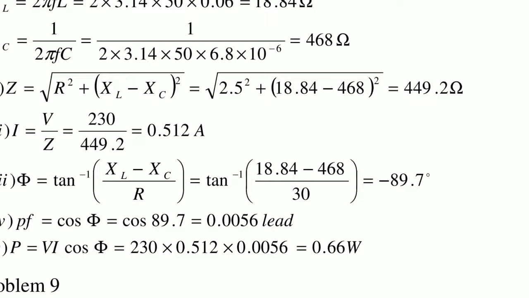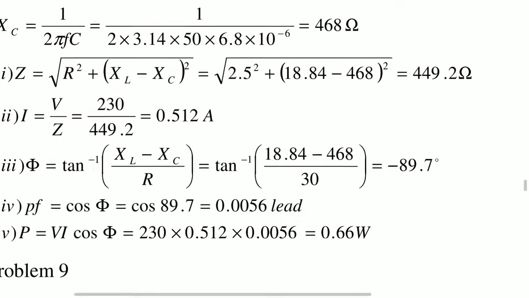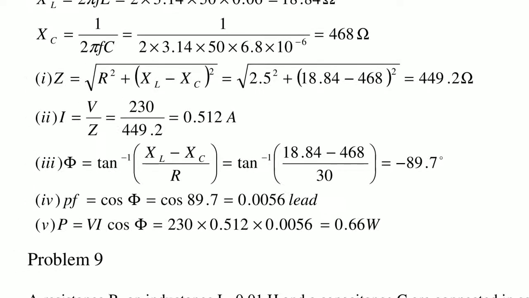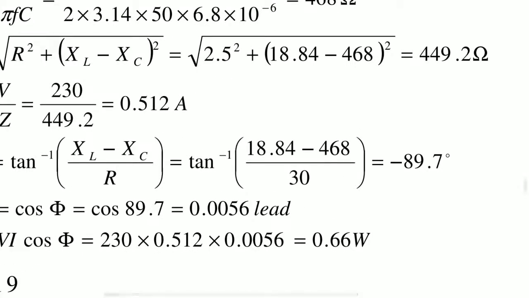XC is so high compared to XL, so the phase angle is minus 89.7, which means the nature of the circuit is capacitive. By seeing XL and XC, we can say which nature the circuit has.